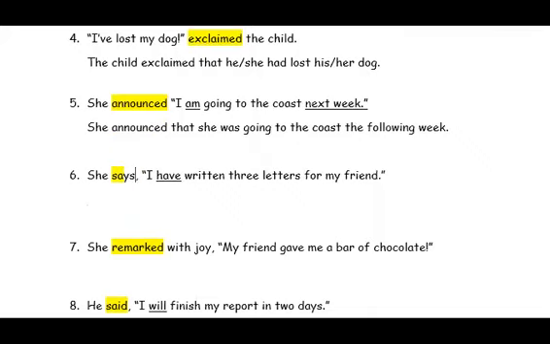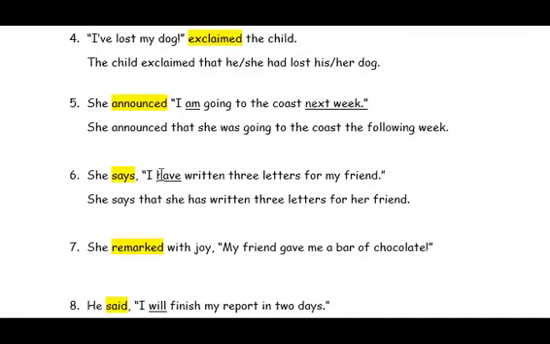Moving on. Now, I'm going to make it a little bit tricky for you guys, right? I'm going to make the introductory verb present. So, says is in present tense. So when I'm changing it to indirect speech, everything needs to stay in the present tense. She says that she has written 3 letters for her friend.